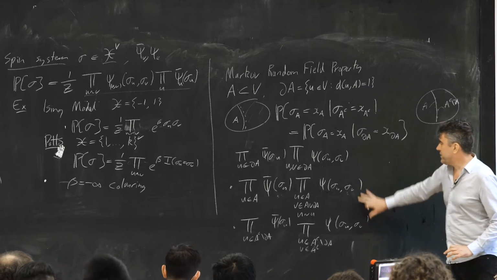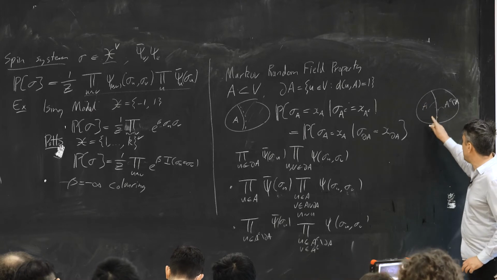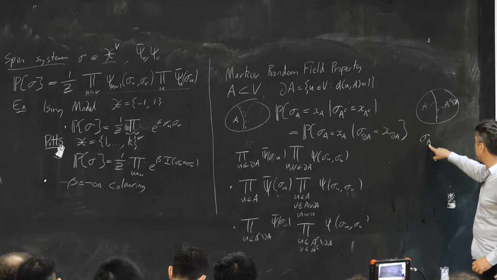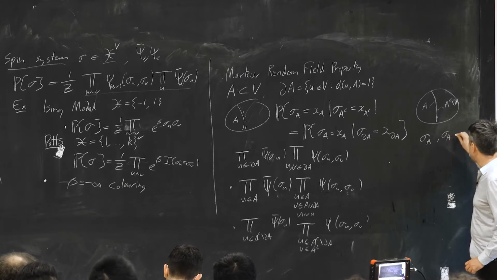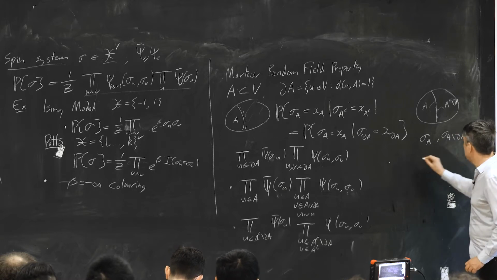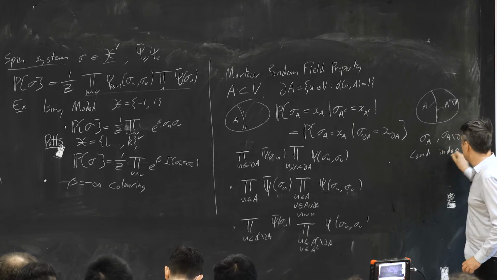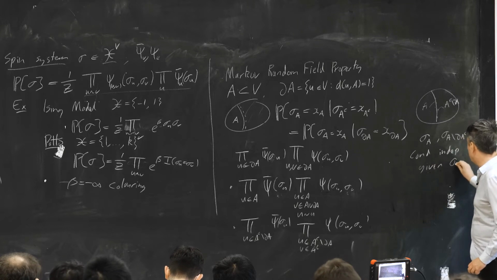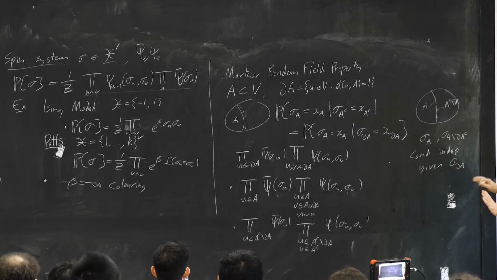And these factorize. So it says that the values inside A and the values inside A complement minus partial A are conditionally independent given the values on the boundary that splits them into two.